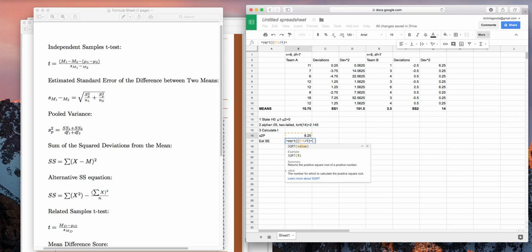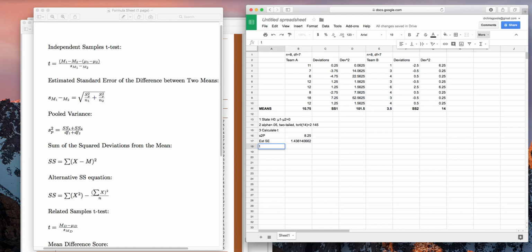And then we add this quantity, so another set of parentheses, which is S2P over 8 again. Then we'll close that parenthesis. Then we got to close the main parenthesis. See how it highlighted that that parenthesis closes out the square root function? Now we're ready to go. That's the denominator in the t function.